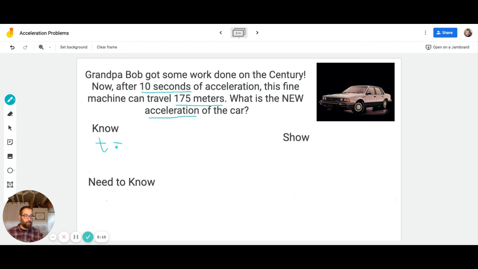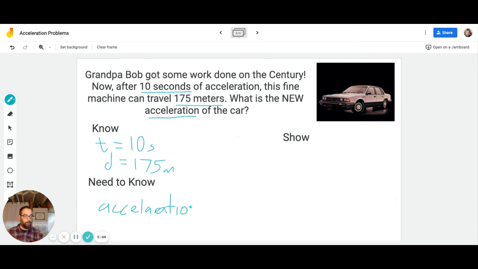Time equals 10 seconds. And distance equals 175 meters. And we need to know an acceleration. And again, the need to know tells you which equation you want to use.